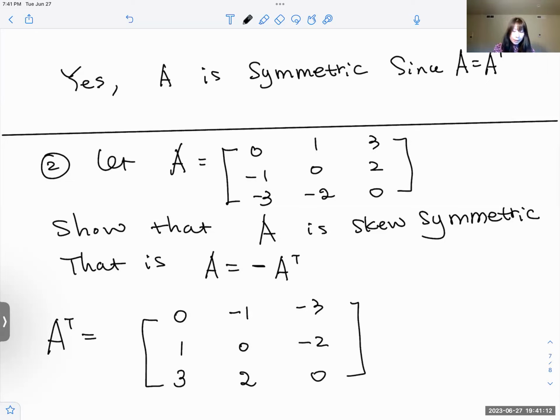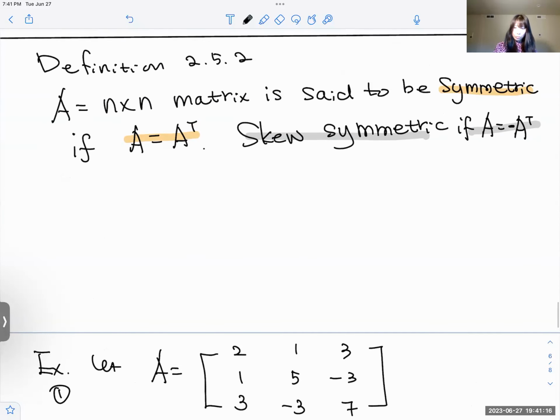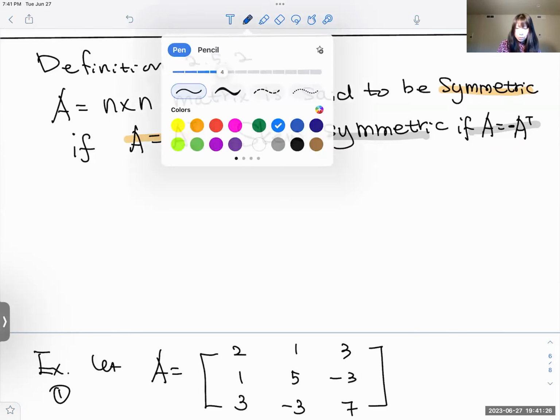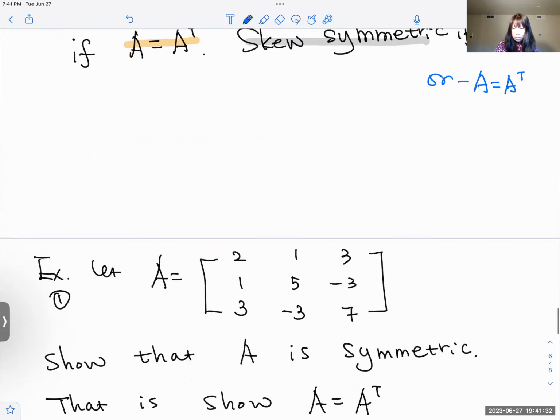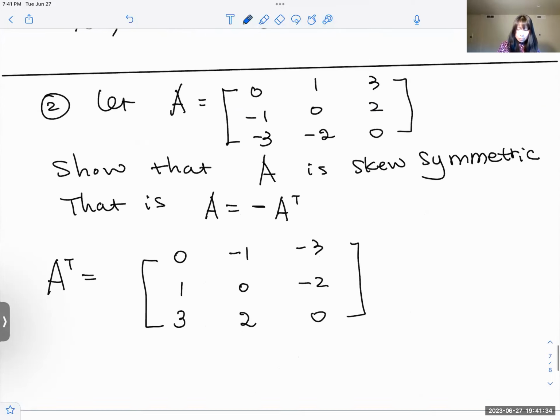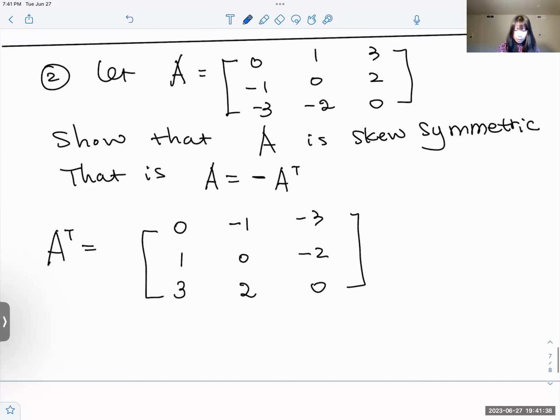Okay, so we can say that A equals negative transpose of A, or we can say that also negative A equals the transpose of A. Then we can say that this is negative of A, right?